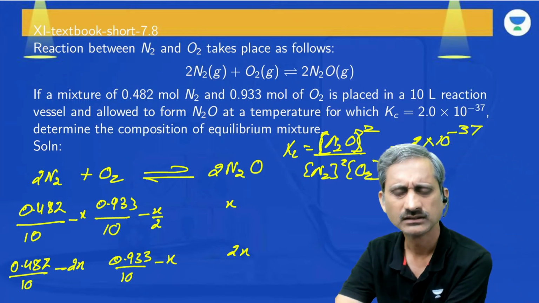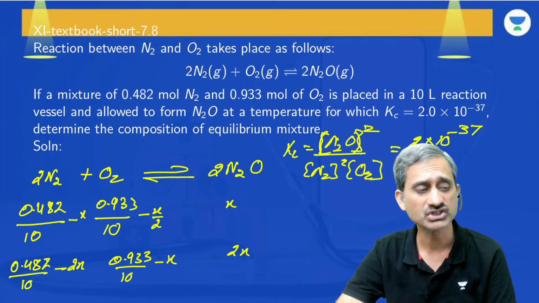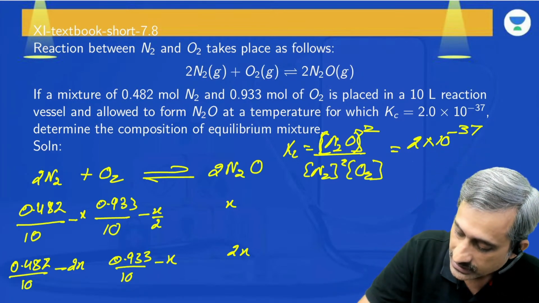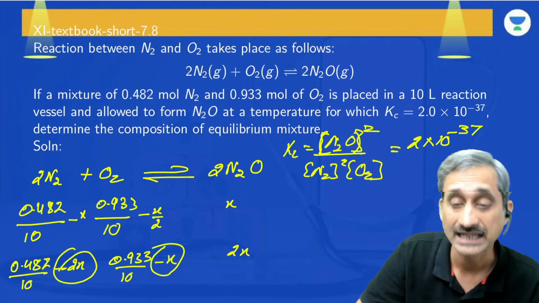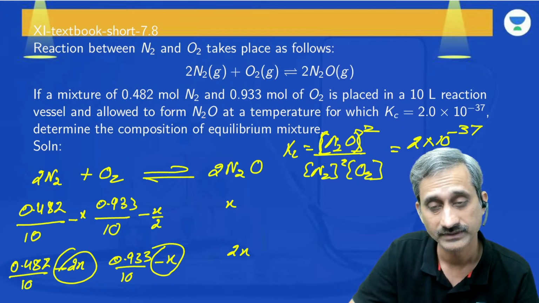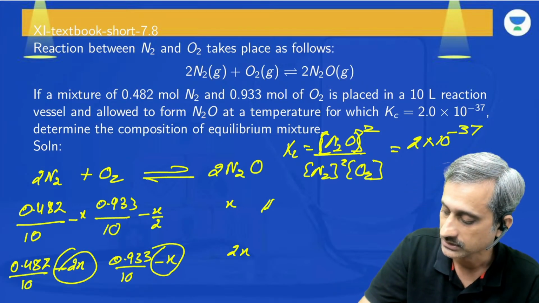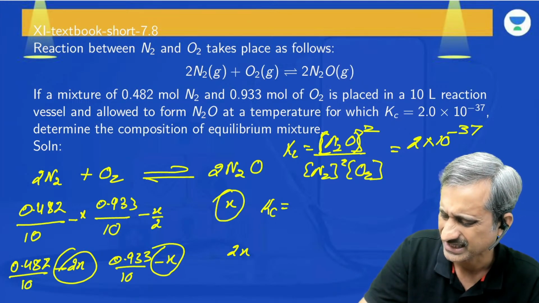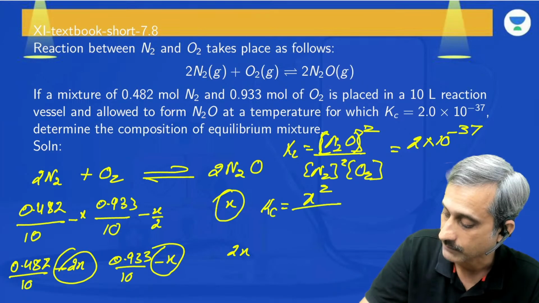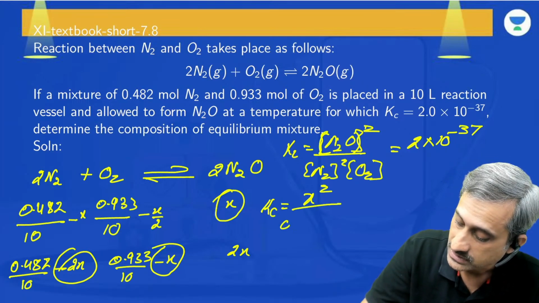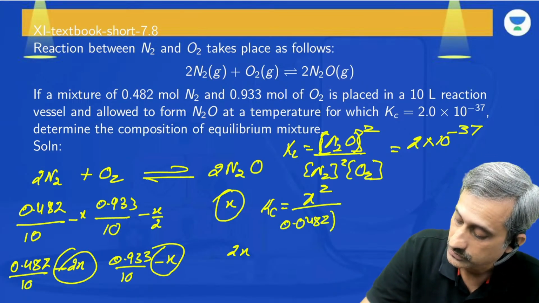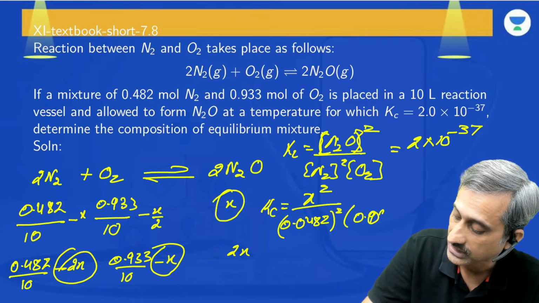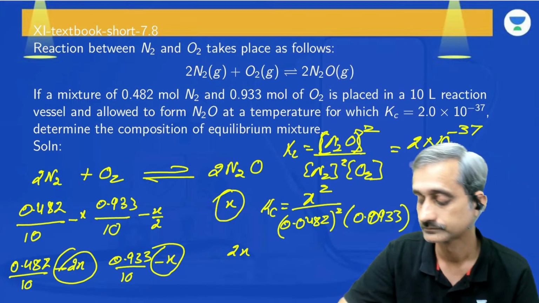What does this mean? This means that the product concentration is extremely low. So actually, these parts can be neglected. So here the Kc would turn out to be x square upon 0.0482 raised to power 2 into 0.0933.